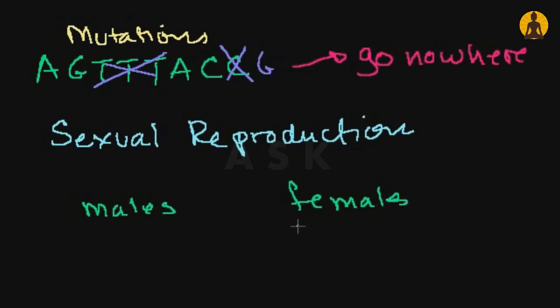In some organisms, an organism can be both a male and a female, but the common idea here is that all organisms produce versions of their genetic material that mix with other organisms' versions of their genetic material.